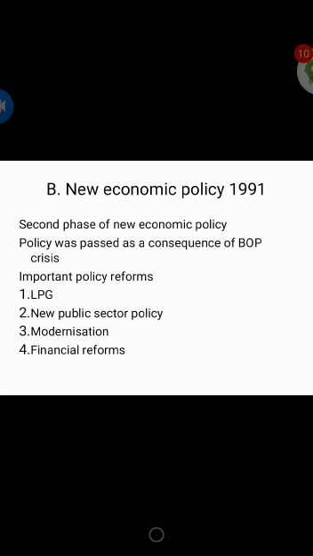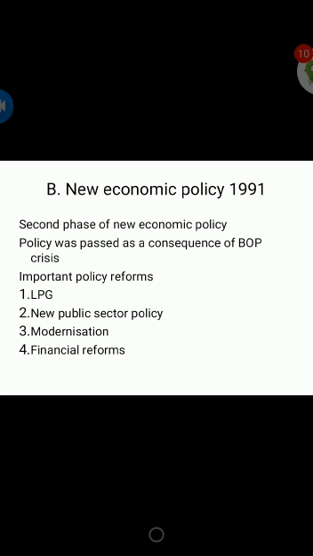The next is your new public sector policy. The new public sector policy says that those public sector units which were depending upon the government for their finance were reduced, and they were made to raise their finance on their own.